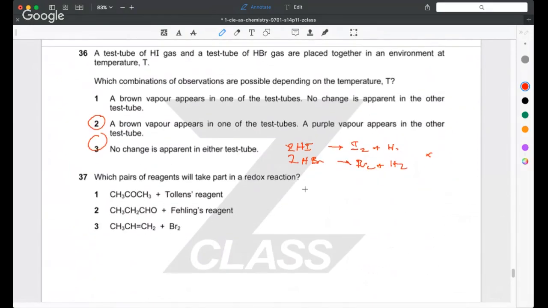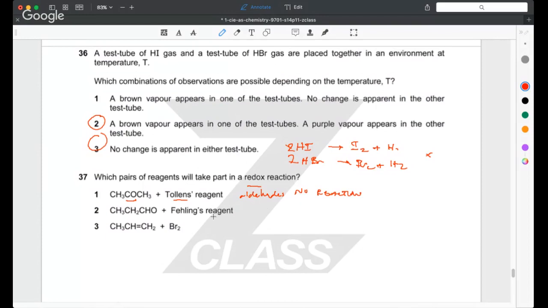Okay, talking about redox reactions here, you've got to spot that that is a ketone, and Tollens reagent is a test, isn't it? Not for ketones, but for aldehydes specifically. So there's no reaction here at all, and if there's no reaction, it can't be a redox reaction, can it?